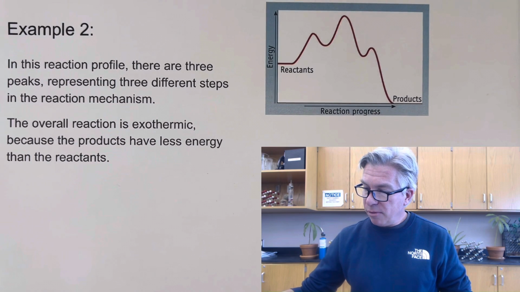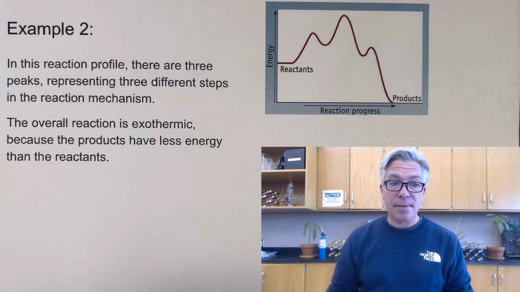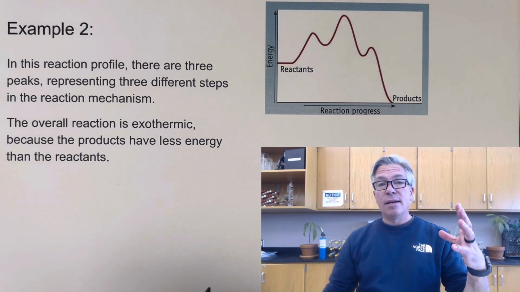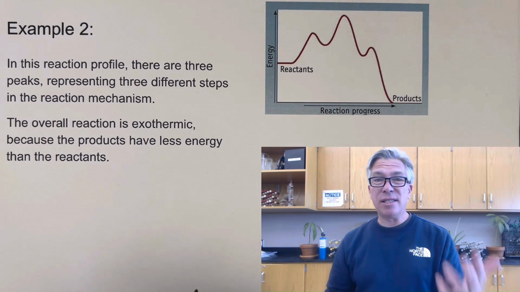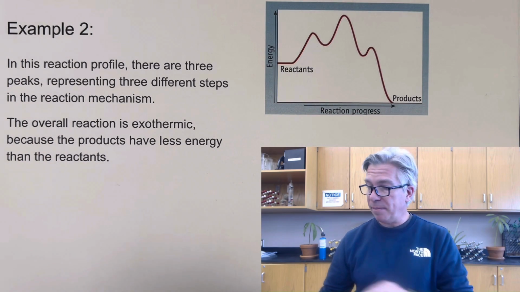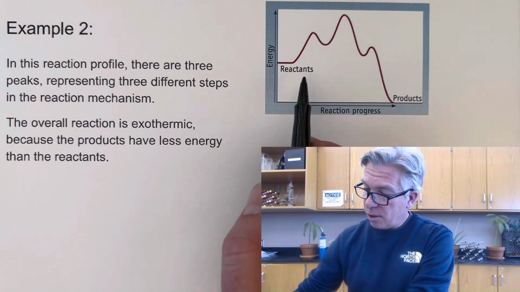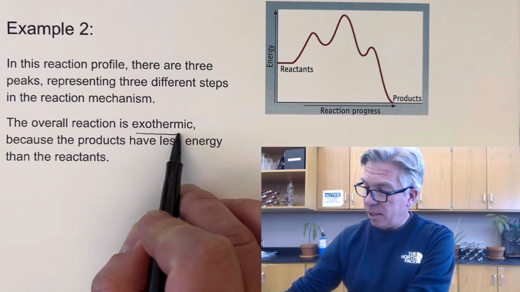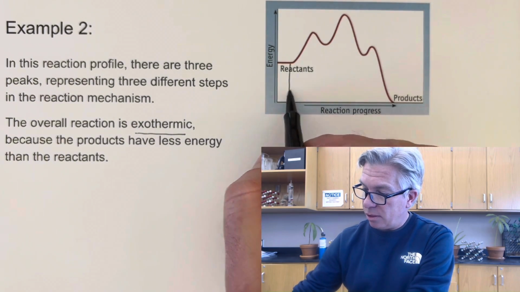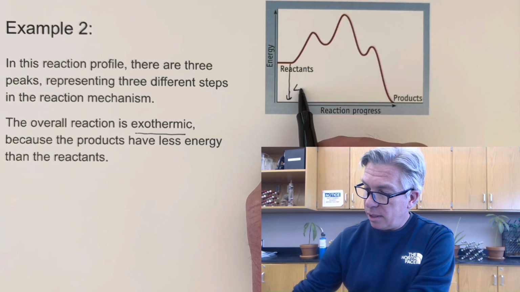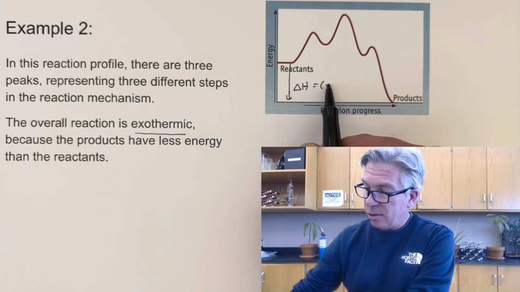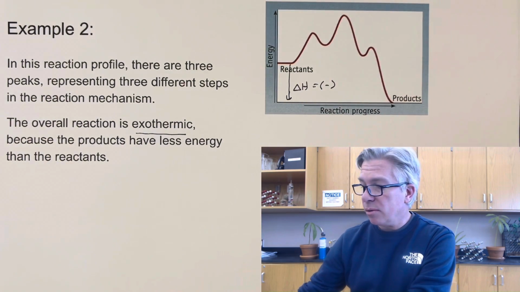In this reaction profile, there are 3 different peaks, and that represents a reaction mechanism that might have 3 steps to it. Step 1, step 2, step 3. And overall, the reaction is exothermic because we're going down from start to finish. So the delta H is going to be some negative value. Again, it's not labeled. We're just thinking generally here.